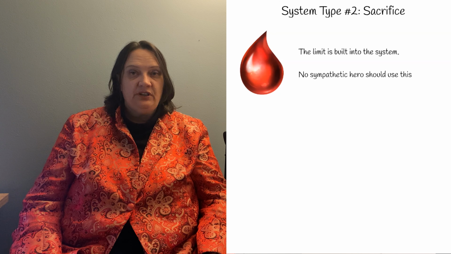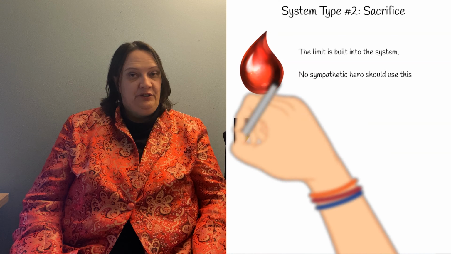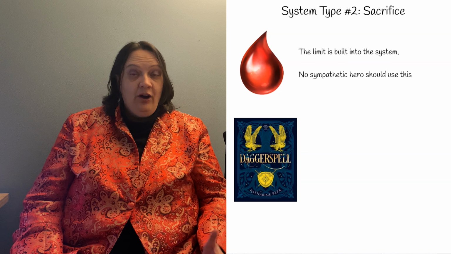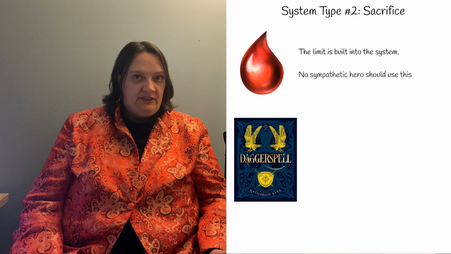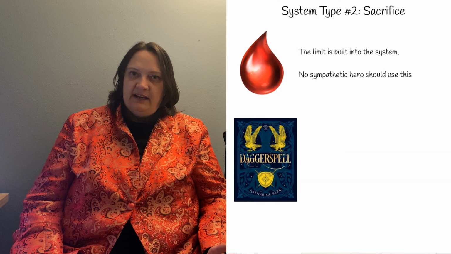Good examples, of course, if your villains use it, that's a whole different story, and I'll talk about that in my examples, because Catherine Kerr uses this in her Devery system, and they are villains who use it. It's the dark side of magic, but she goes even further than just a simple blood sacrifice.